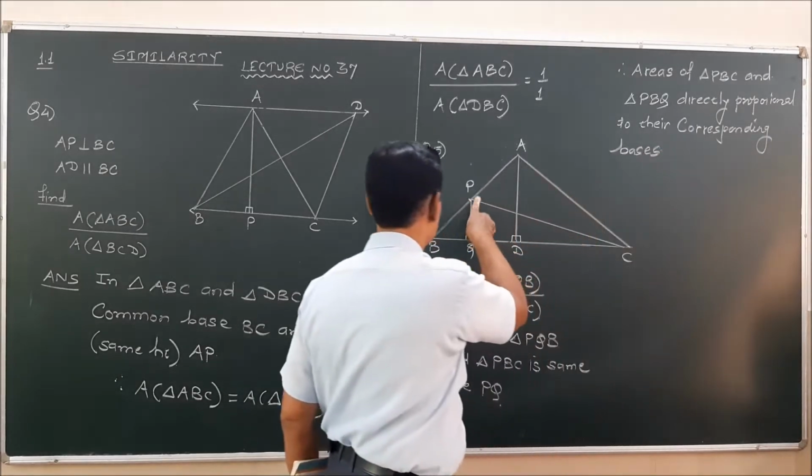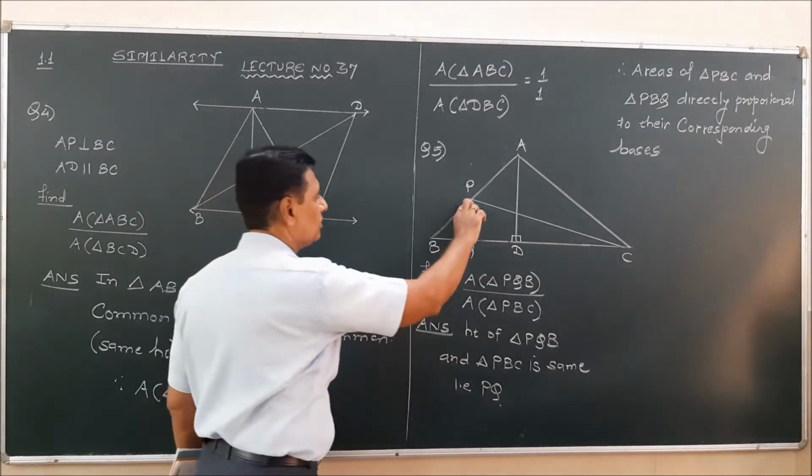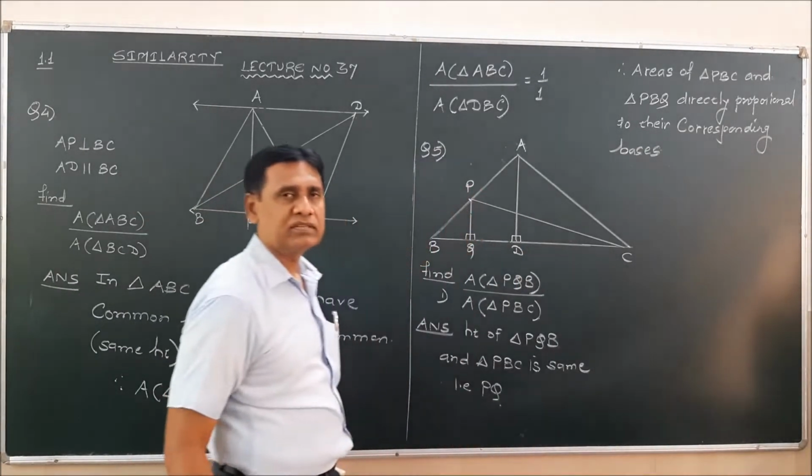Height is same. PQ is a perpendicular drawn on BQ, as well as PQ is a perpendicular drawn on BC.